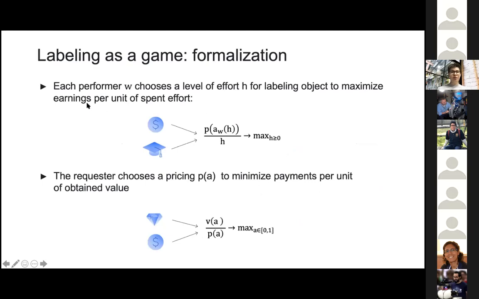To formalize this, we consider this setup. Each performer W chooses the level of effort to maximize the earnings per unit of spent effort. So H is the effort, and you want to maximize this fraction. At the same time, the requester chooses a pricing to minimize payments per unit of obtained value.